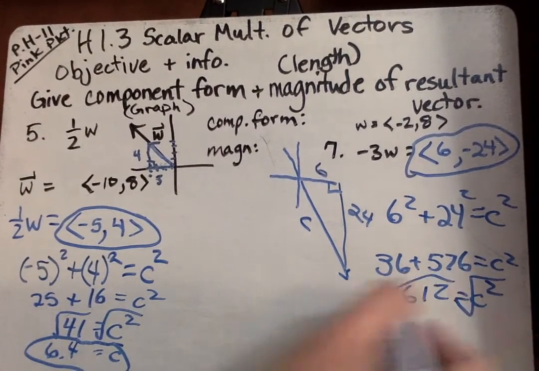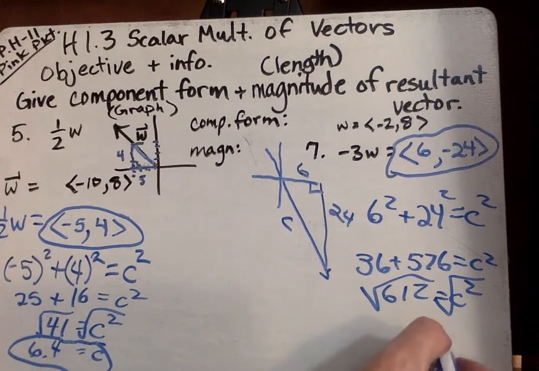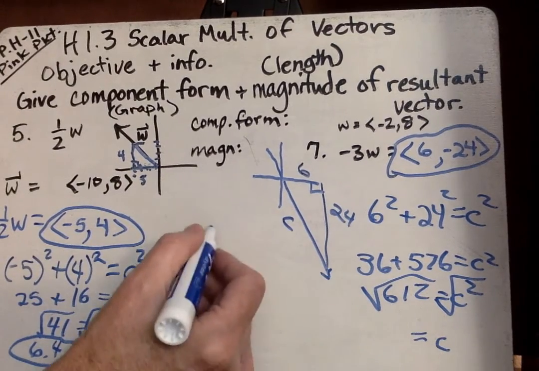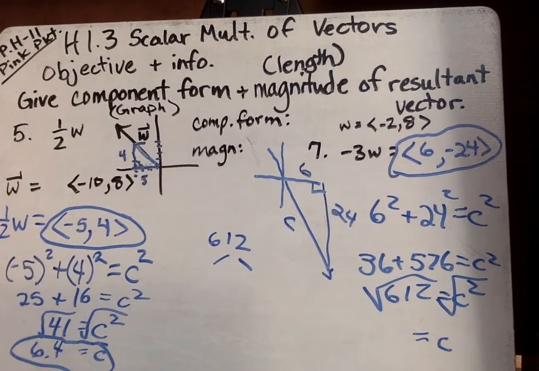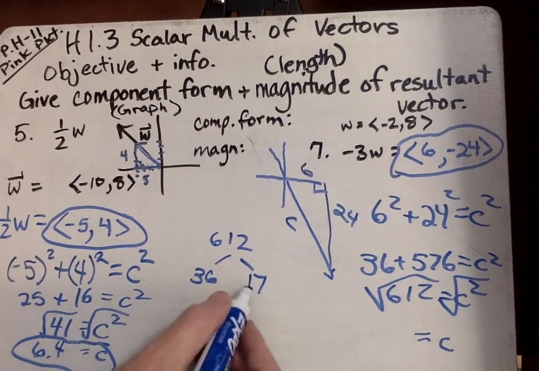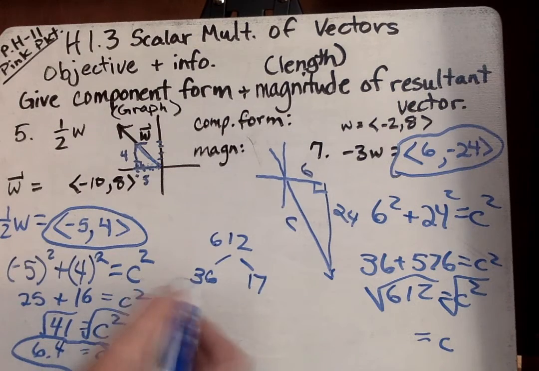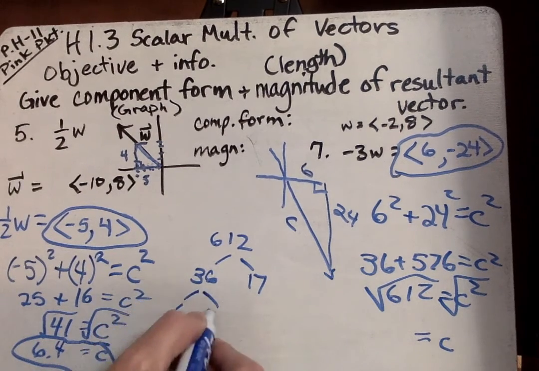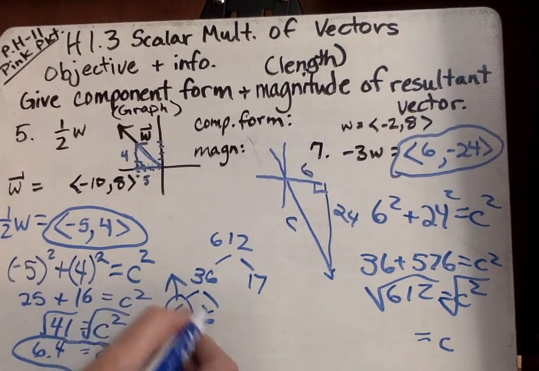Then I take the square root. And I get C equals, let me try and do the factor tree here, 612. I'm going to divide by 36, 36 and 17. Okay, 17 is prime, 36 is a perfect square, so I can just go 6 and 6. So I can take a 6 out, 1 goes away.